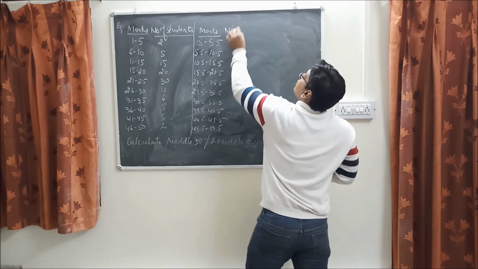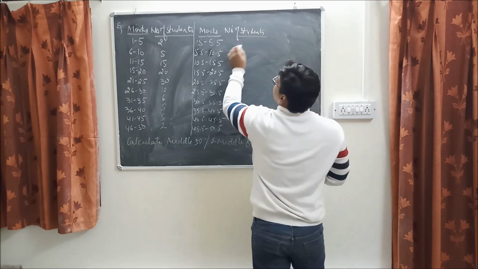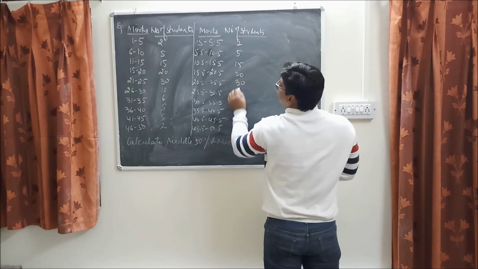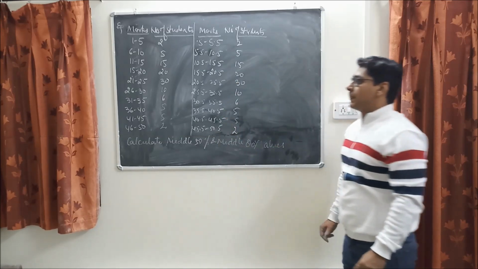Number of students remain the same: 2, 5, 15, 20, 30, 10, 6, 5, 5 and 2.